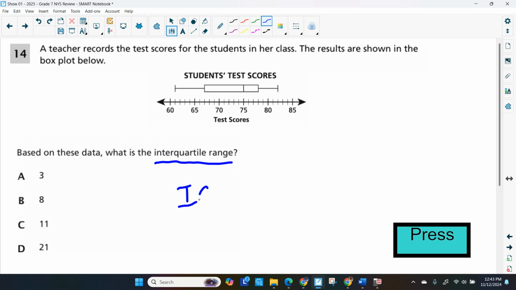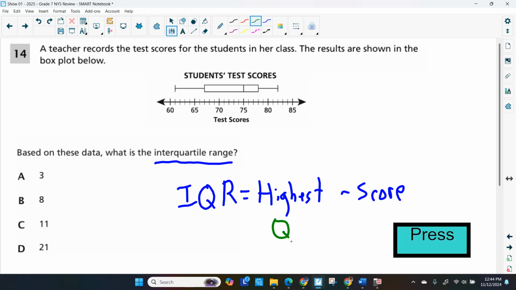If you check out a video from my 400 and some odd videos that I have, I do something called the IQR, which is called the interquartile range. That's just the difference between the highest score and the lowest score of quartile 3 and quartile 1.